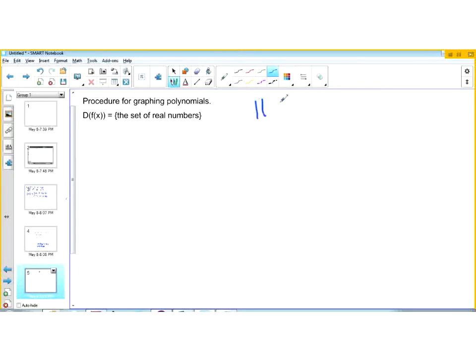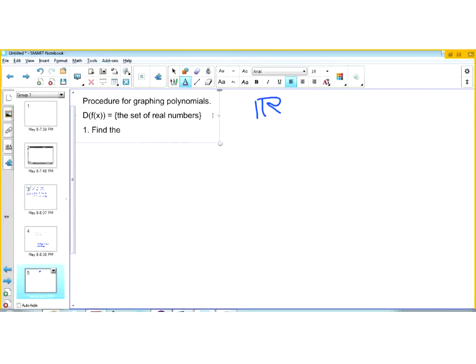A symbol that I use for the set of real numbers would be a double-backboned R, like this. So that would be the set of real numbers. That means for every point on the x-axis, you have to have an output for a polynomial.